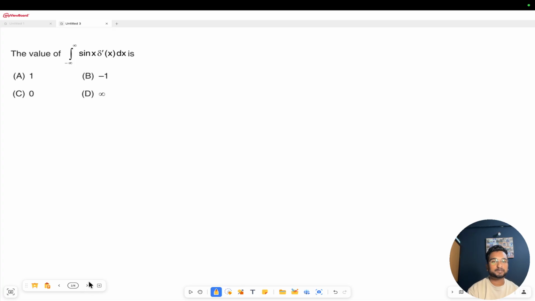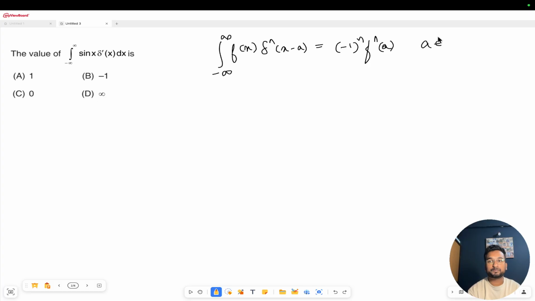Next, this today we have done for f of x delta. Sorry, you first pause the question and solve this. You will get minus 1 to the power n f n a, if a belongs to b comma c.